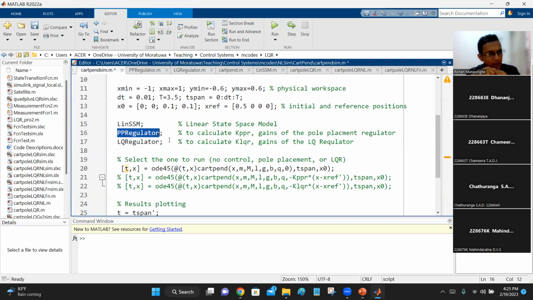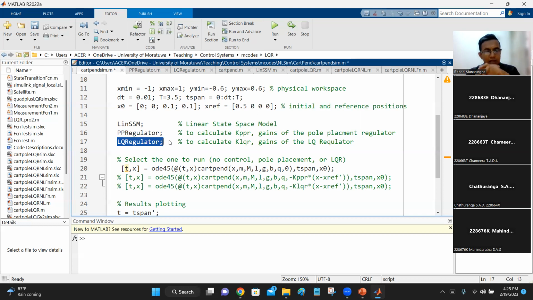Remember the state feedback? This is another word for state feedback. We finished state feedback control a week or two back. You can use state feedback control to stabilize the plant. And this is that controlled operation of the plant using pole placement regulator. And there's another controller, LQR, linear quadratic regulator.